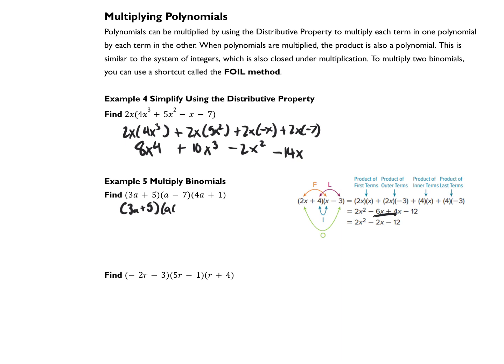So we're going to do a times 4a plus a times 1 plus negative 7 times 4a plus negative 7 times 1. So this is still 3a plus 5. A times 4a is 4a squared.